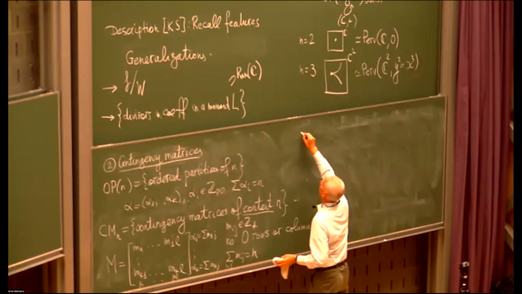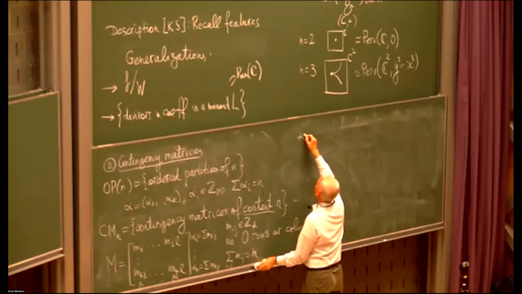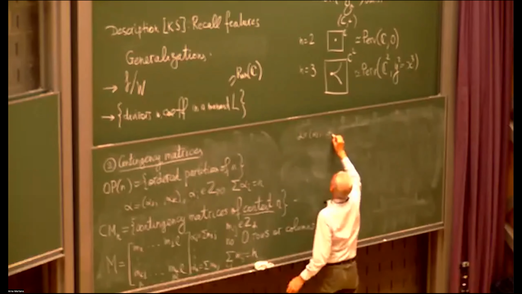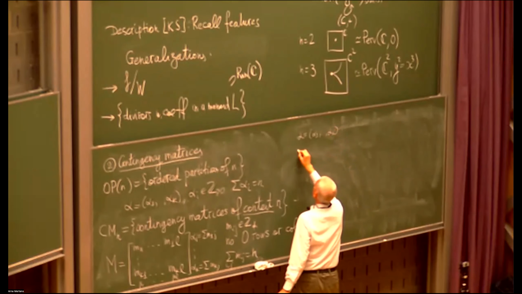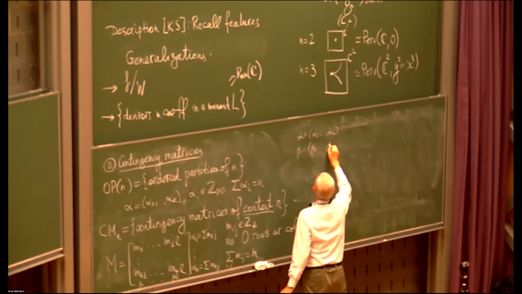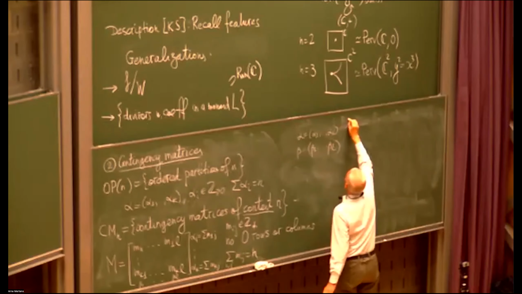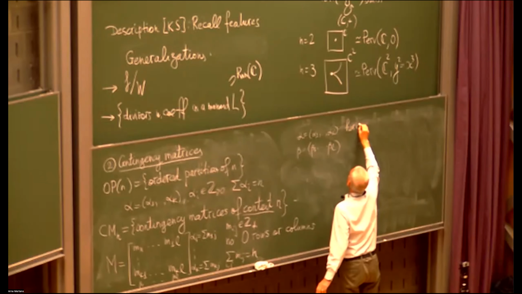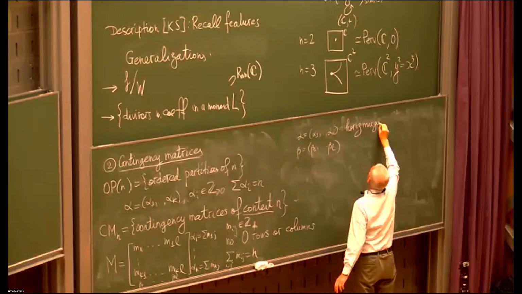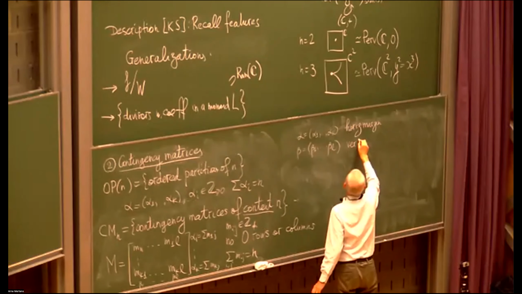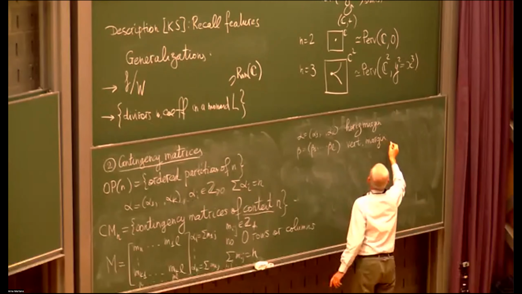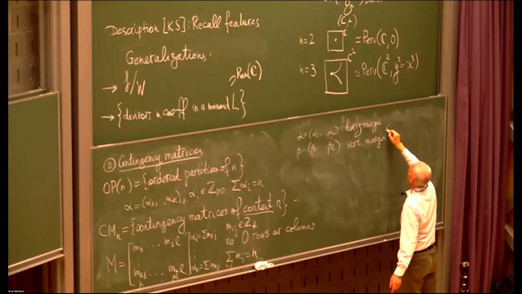I can say alpha equals alpha 1 through alpha k, and beta equals beta 1 through beta L. We call this the horizontal margin. This we call the vertical margin. So there are ordered partitions of them.